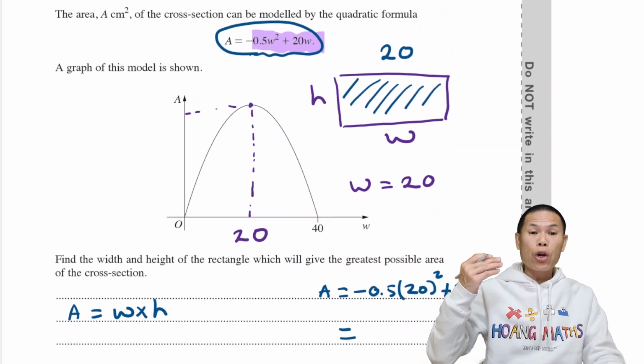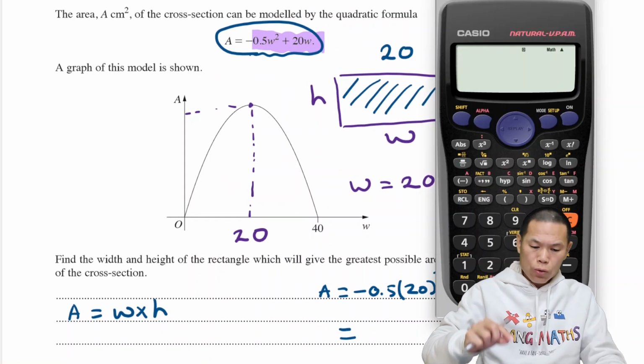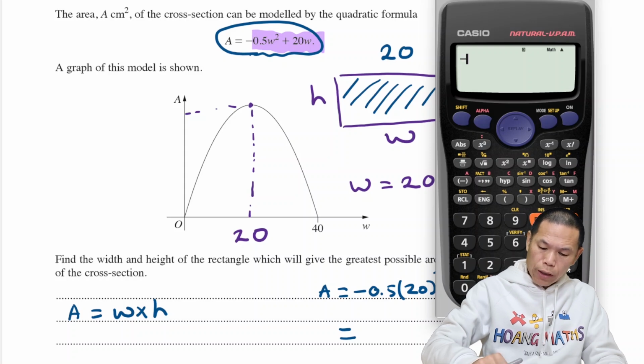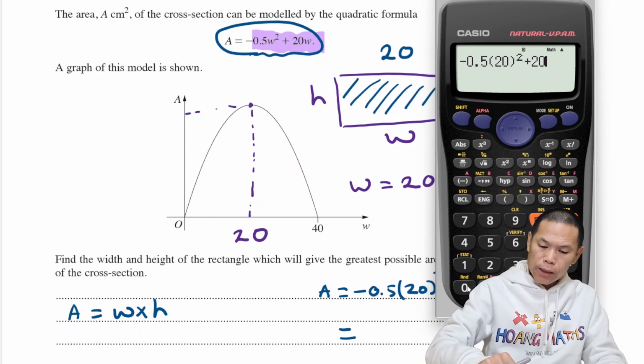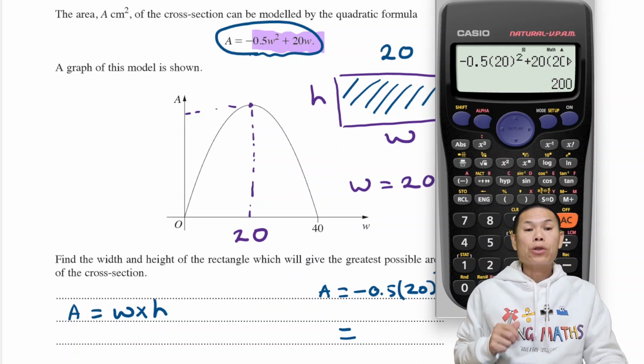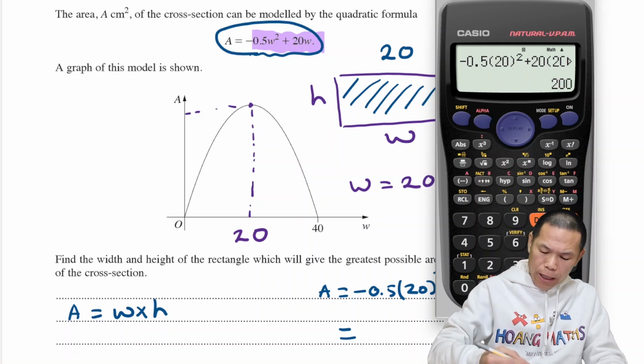Now I just put it on a calculator. So just go negative 0.5 W squared, that is 20 squared, and we add 20 times W, that is 20. So 200, okay, A is 200.